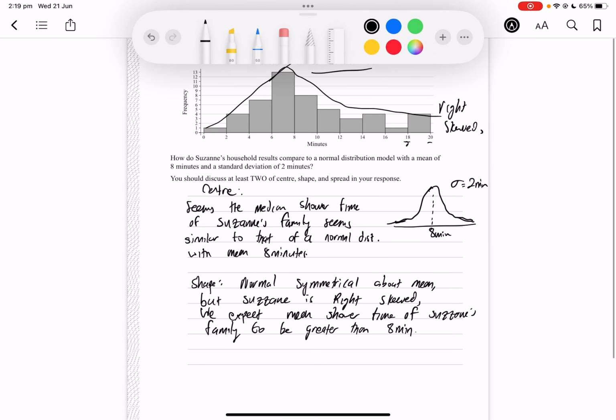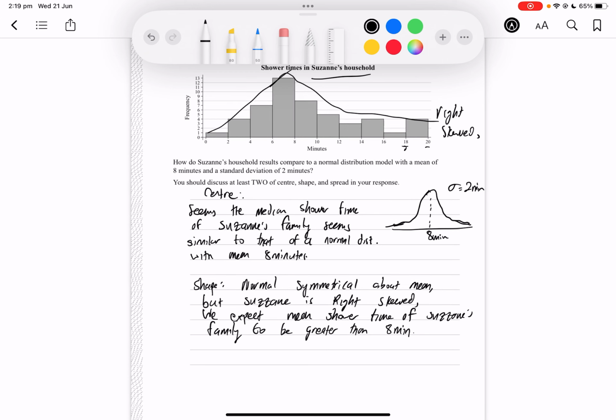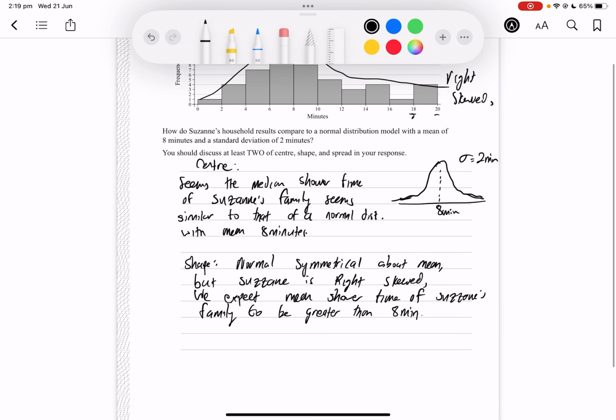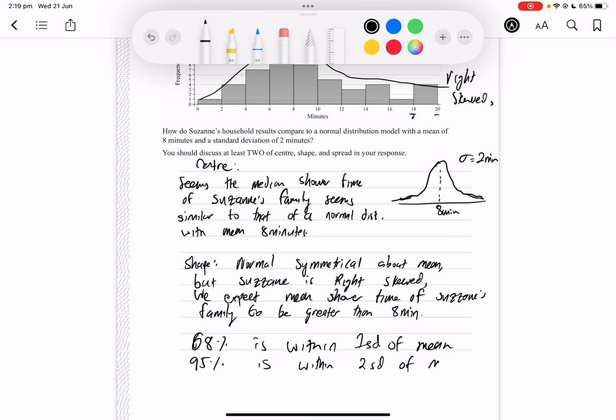In terms of the spread, it's very important when we talk about the spread. I like to do a little bit of a trick here. We know some facts about the normal distribution: approximately 68% of the data is within 1 standard deviation of the mean. 95% of the data is within 2 standard deviations of the mean.